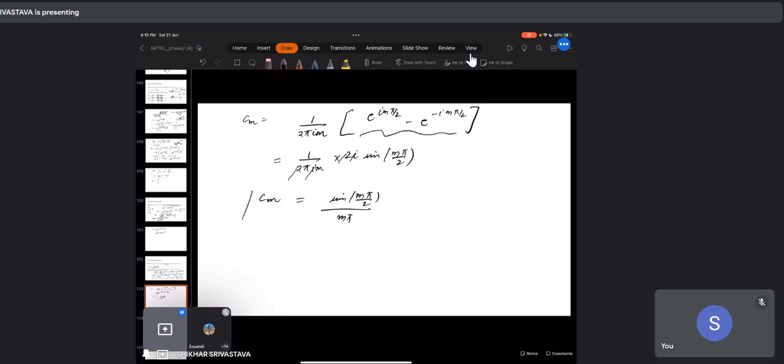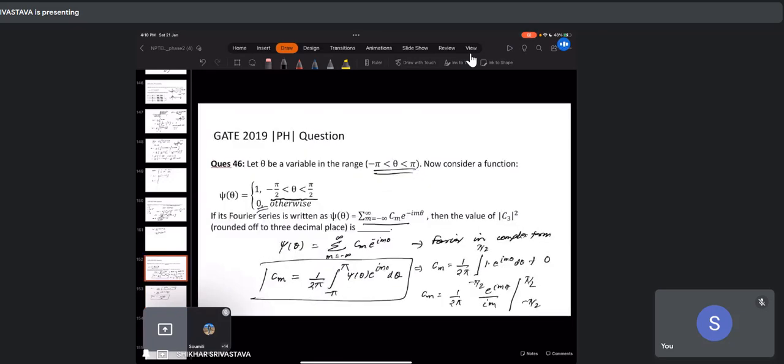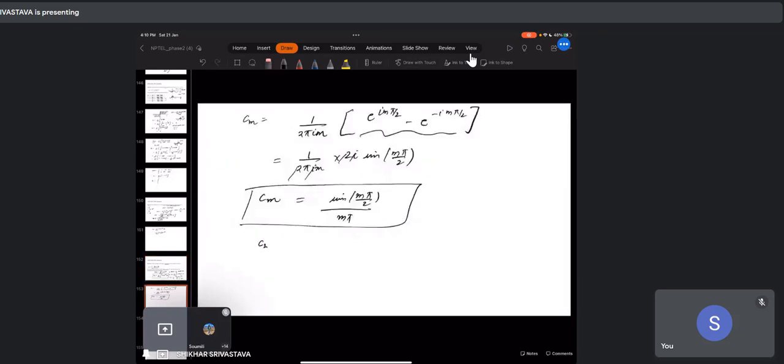So this is general for any coefficient. For different values of m, you can get different values of these coefficients. In the question, they have asked C3. So m is equal to 3. So it will become sine of 3 pi by 2 divided by 3 pi. Now sine of 3 pi by 2 is what? This is pi, this is pi by 2, this is 3 pi by 2, which is minus 1.